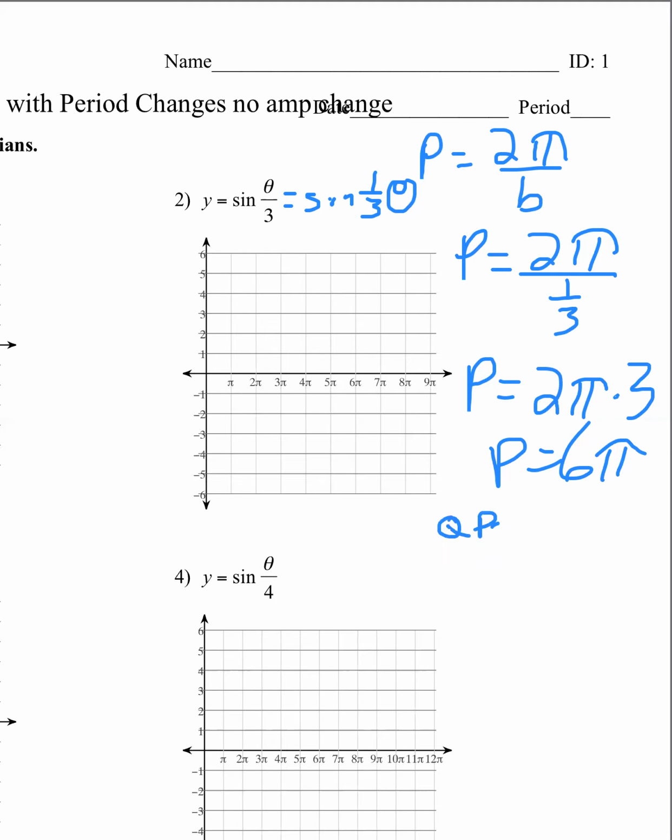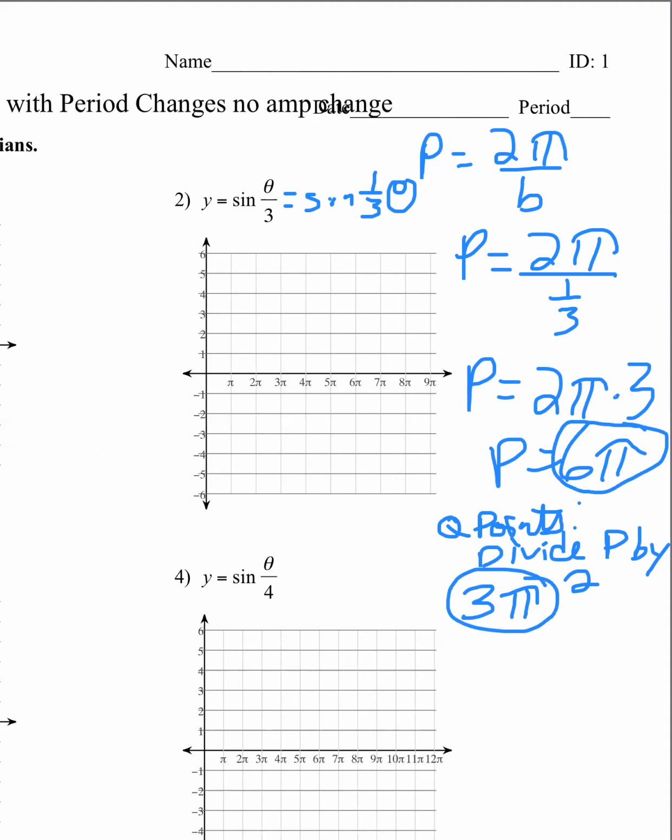So I'm going to take the period, whatever it is, and divide by 2. In this case, that would be 3 pi. So far I have 2 important points on my graph, 6 pi and 3 pi.